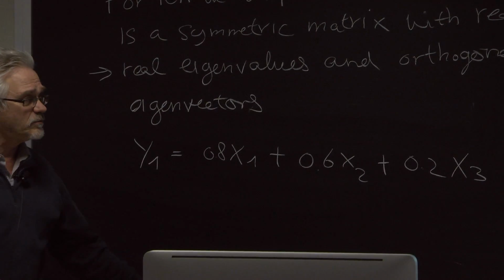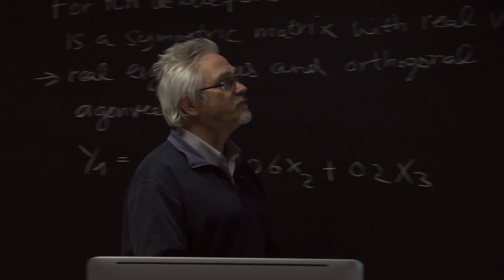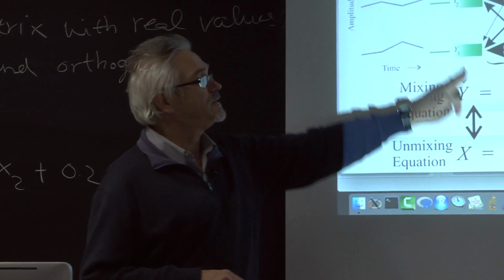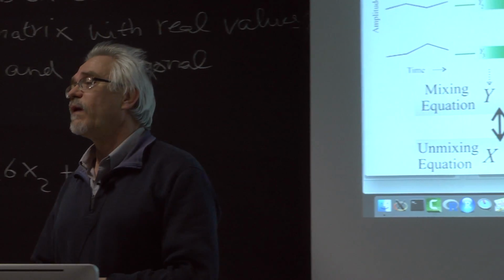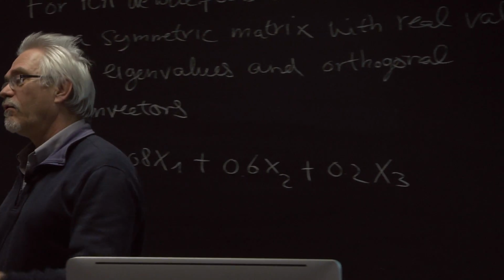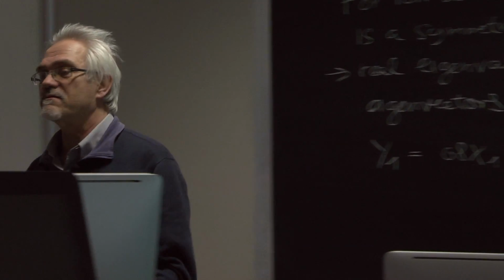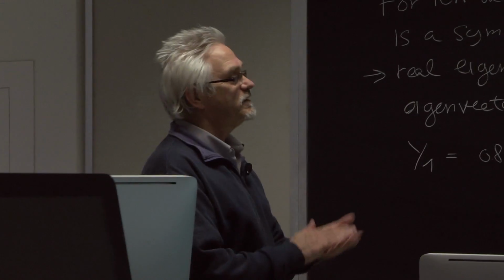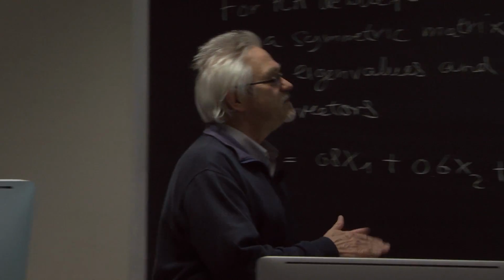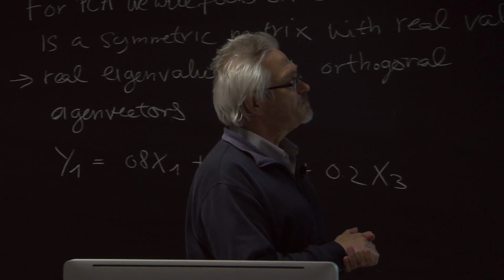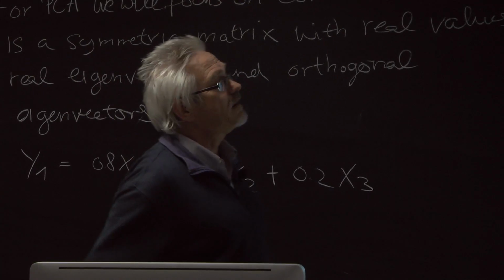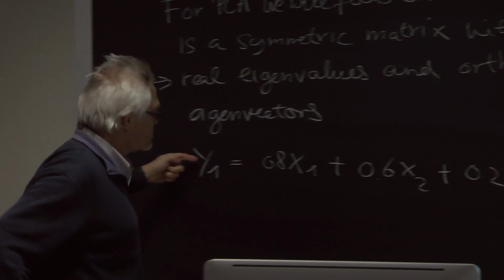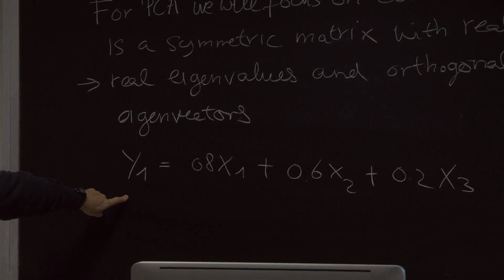Similarly, I could write an equation for y2, and similarly for y3. Since I know all the attenuations and all the distances, everything is very tractable, and I know everything.